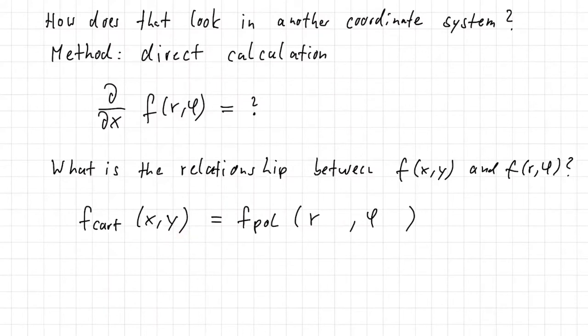For that, it's important to remember that r can be expressed as a function of x and y, and so can phi. These are the relationships that I gave above: r equals the square root of x squared plus y squared, and phi equals the arctangent of y divided by x.